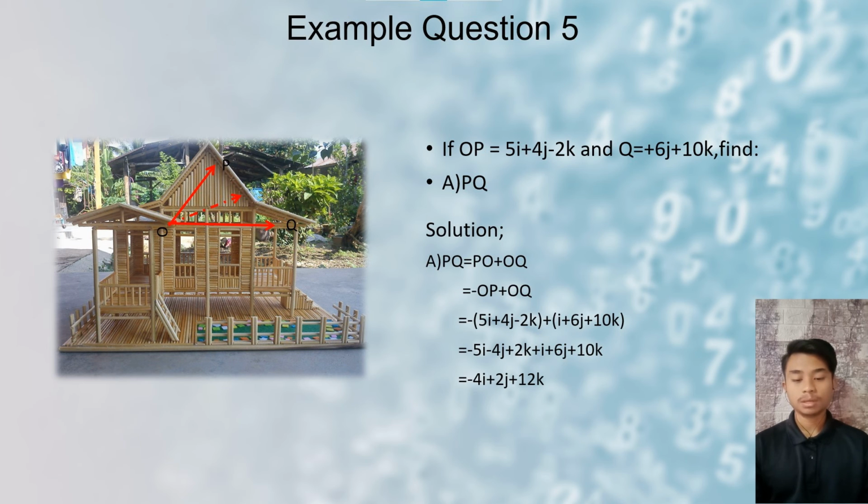The solution is PQ equals PO plus OQ equals negative OP plus OQ equals negative open bracket 5i plus 4j minus 2k close bracket plus open bracket i plus 6j plus 10k close bracket, equals negative 5i minus 4j plus 2k plus i plus 6j plus 10k, and the answer is negative 4i plus 2j plus 12k.